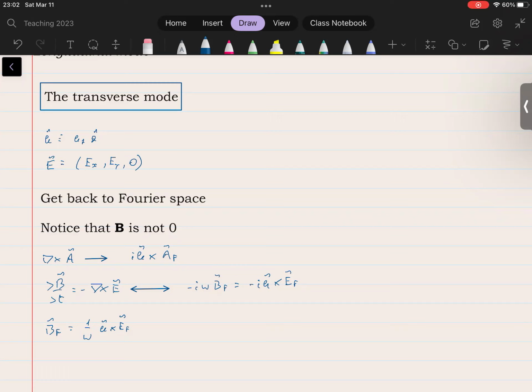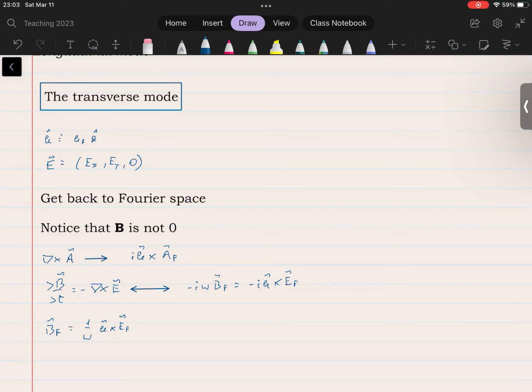Remember, we started saying that the plasma was unmagnetized, and I tried to emphasize that what that meant was that there was no equilibrium magnetic field. However, as we've just convinced ourselves, there can be a magnetic field that is part of the wave. This is an electromagnetic wave where the magnetic field corresponds to the presence of an electric field.